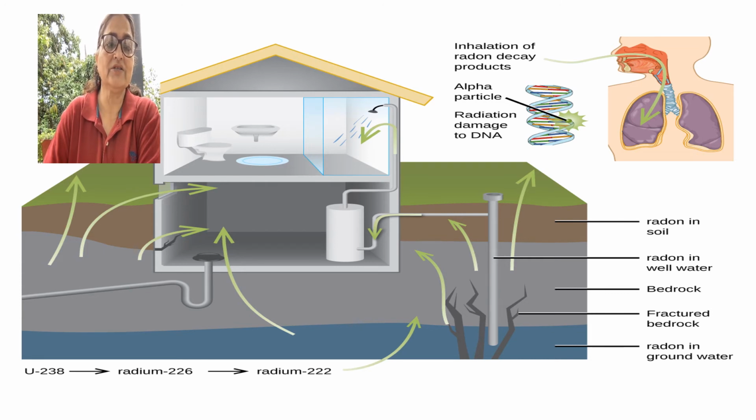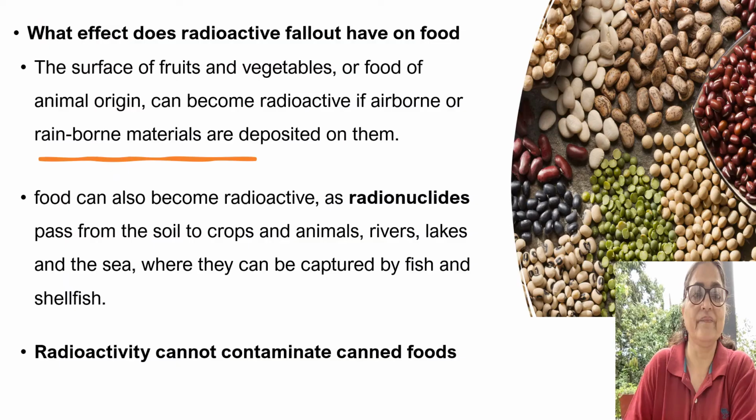Because uranium as such cannot penetrate through the Earth's surface, it converts into radium-226 and radium-222, and it enters the Earth's surface, and from there it enters the bedrocks of the soil, and it can enter through the water channel in our houses. And the water we drink or take a bath in, such radioactive water can penetrate our body, and definitely it will cause damage to the DNA molecules of the human body.